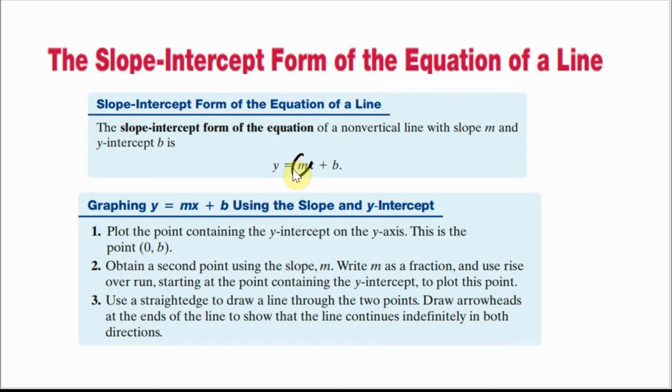Here, that m is the slope, and b is said to be the y-intercept. And then how to graph, exactly what we just got through saying: find the y-intercept on the y-axis, and then use the concept of the slope to find the second point.